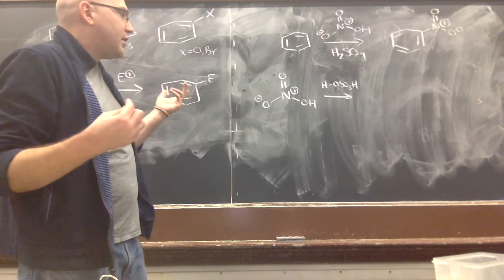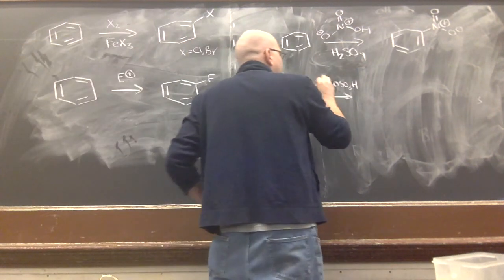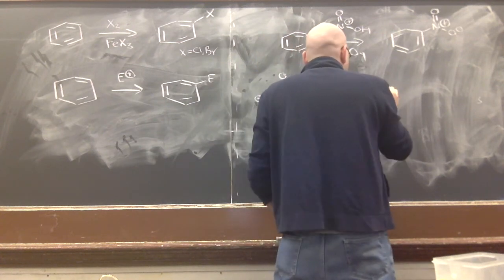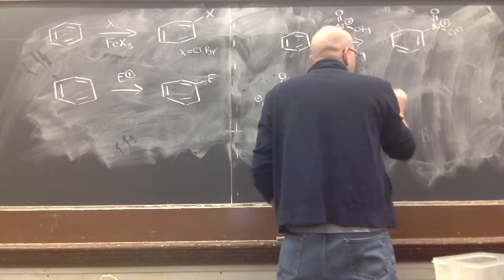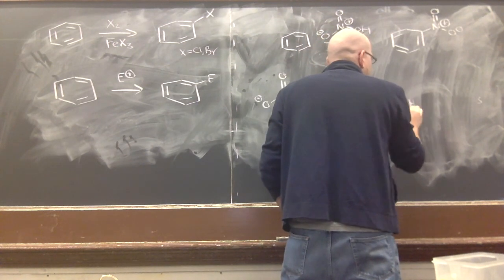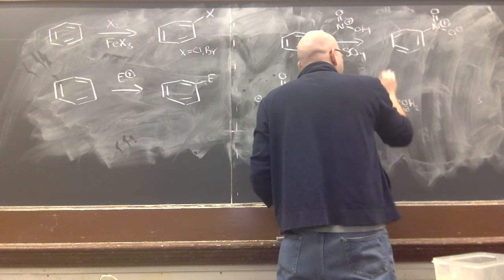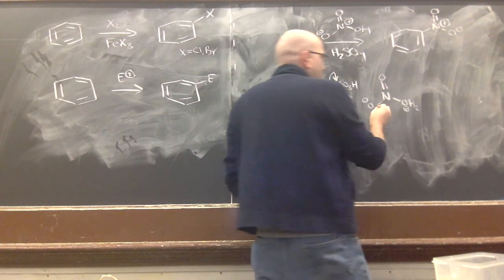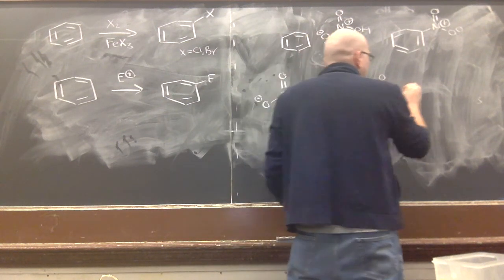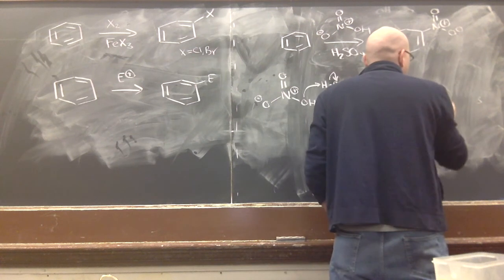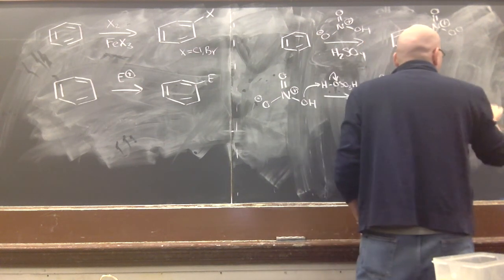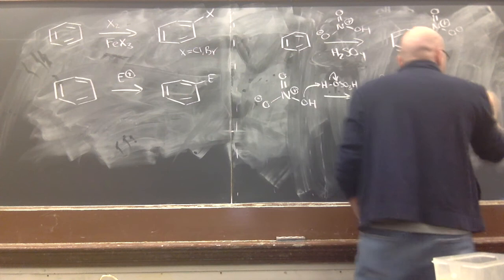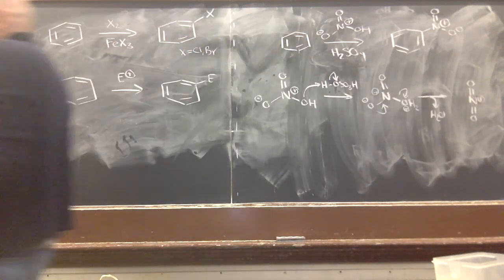But I often like to think the best way to draw this and reason it and move forward is to generate this HONO species, where you do a dehydration process. You generate a super activated compound. Once you protonate this species, you can actually eliminate water and generate a cationic species in terms of the nitro.